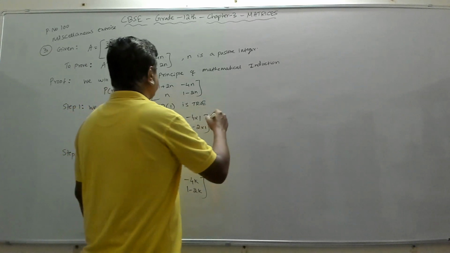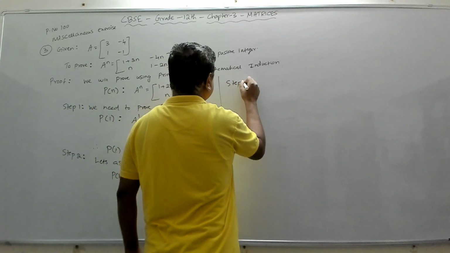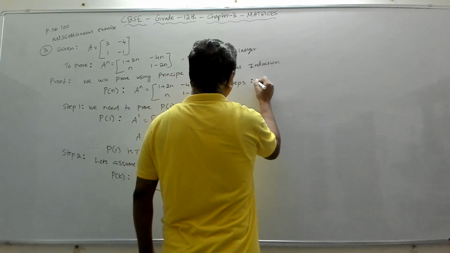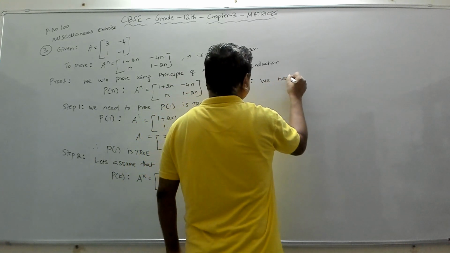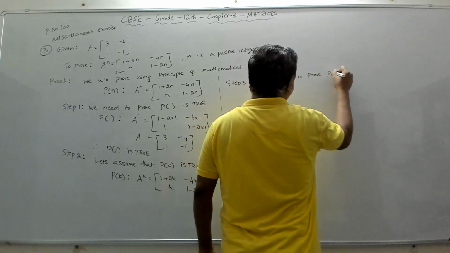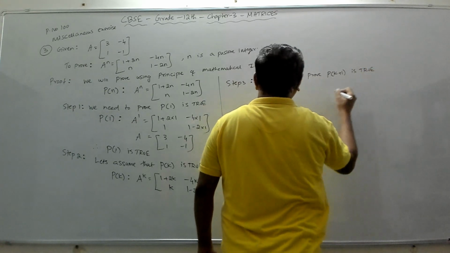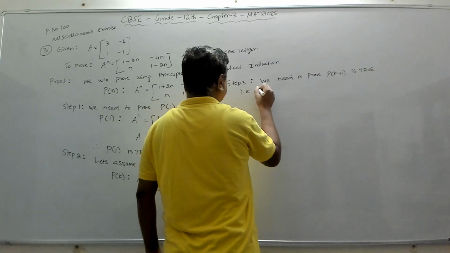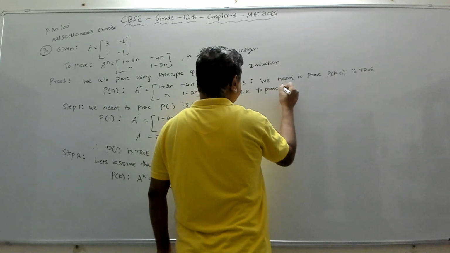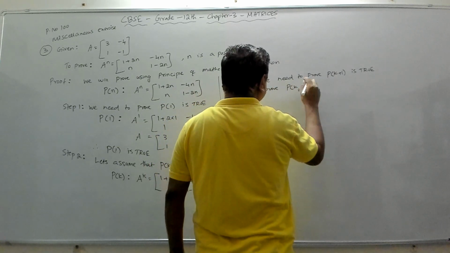Now the third step is we need to prove P of k plus 1 is true. What is our P of k plus 1 statement?